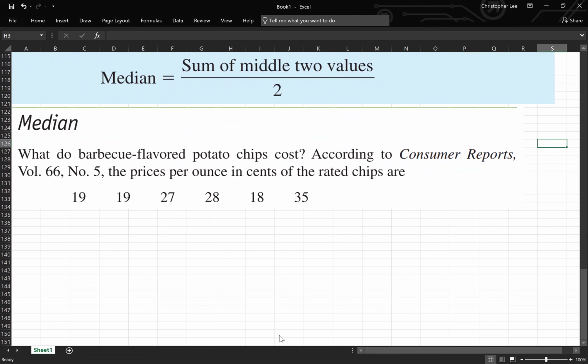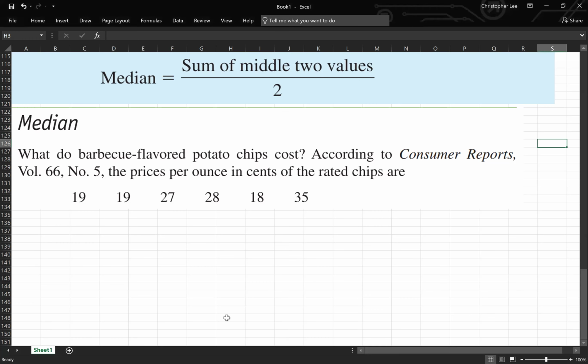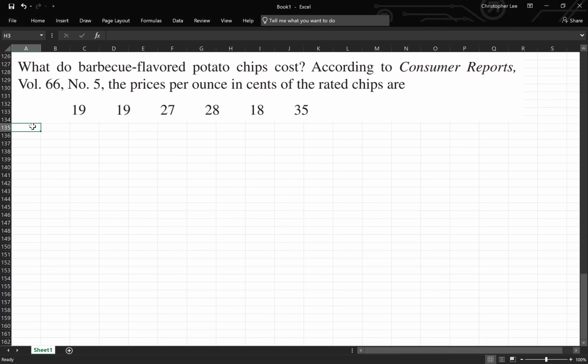What's the median value? I know we don't have the calculator for today, but I got you. Before you give me those numbers, you have to put them in order. Then you get the two middle numbers, you add them together, divide by two. That's it. All right, so let's talk about it a little bit.